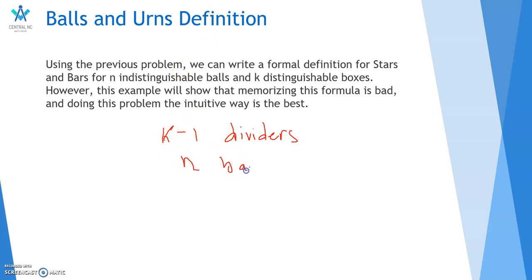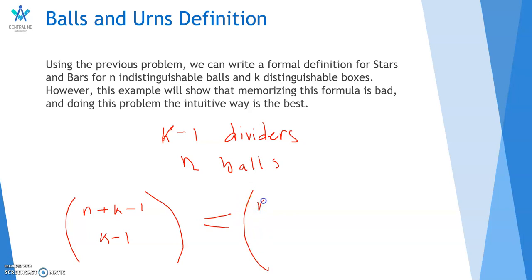We can solve this similarly as we did the last problem. We're going to have n plus k minus 1 total objects, and we can choose the locations for the dividers, and that'll force the locations of the balls in the sequence. Or you can also do that for the balls too. It gives you the same result, as this is a binomial property. So that's your formal definition right there for the balls and urns method, if you really want to do that.